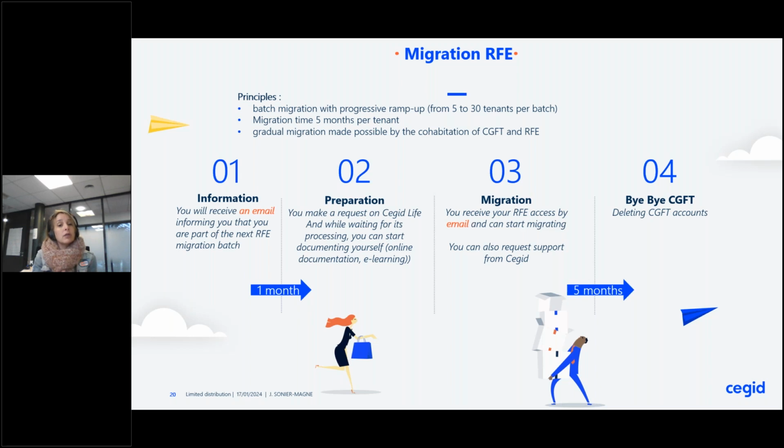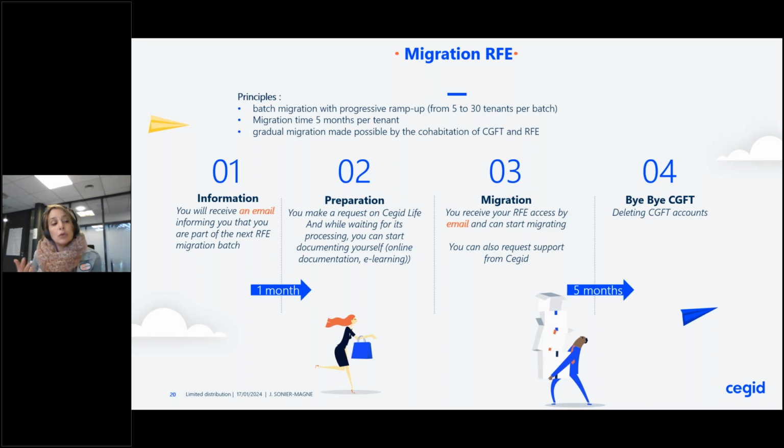And here you can also request support from Cegid if you need information or help to migrate, of course. After those 5 months, we will delete your CGFT account since you have migrated all your flows to RFE. So the whole process will take 6 months.